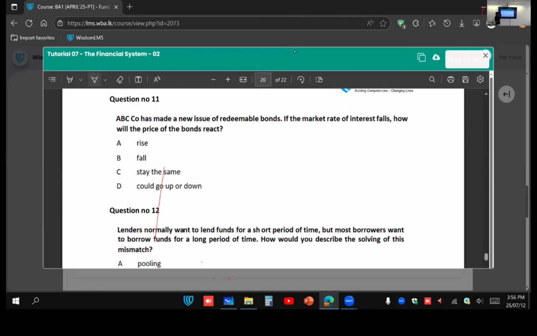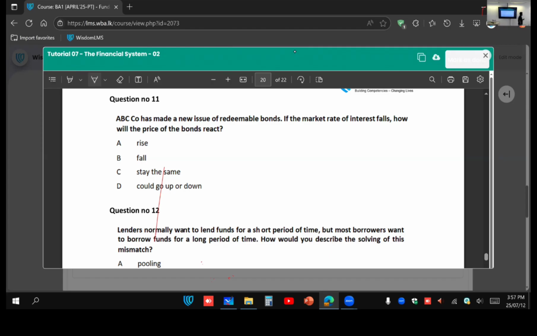Question number 11. ABC company has made a new issue of redeemable bonds. If the market rate of interest falls, how will the price of bonds react? Think.